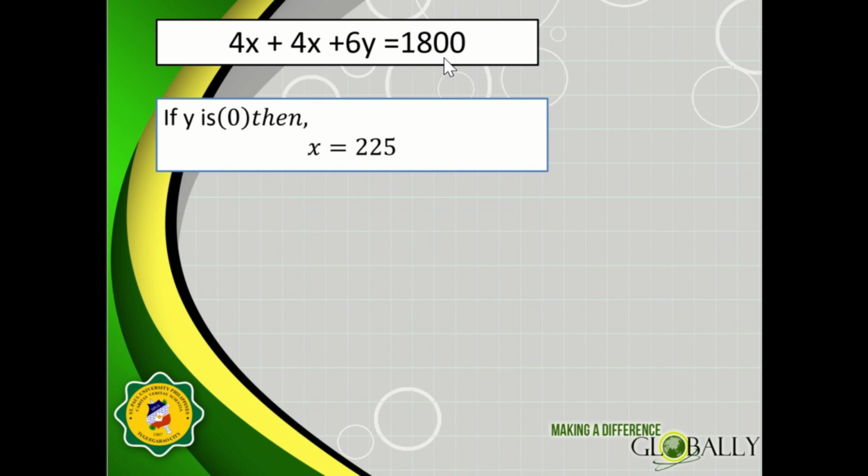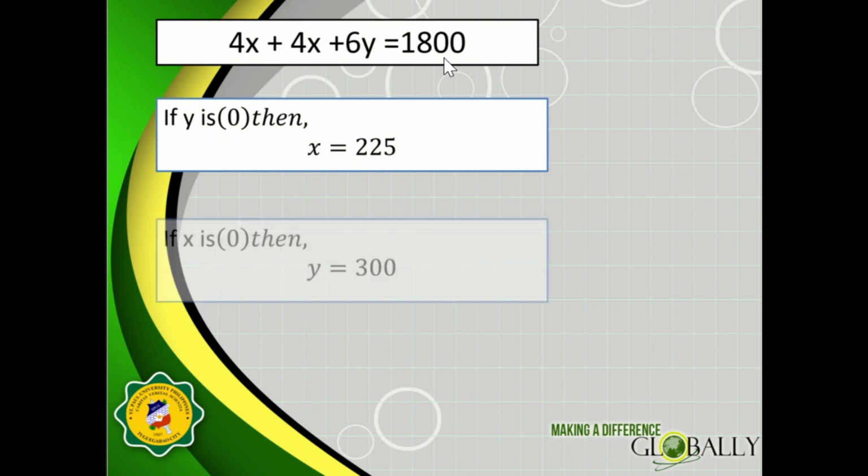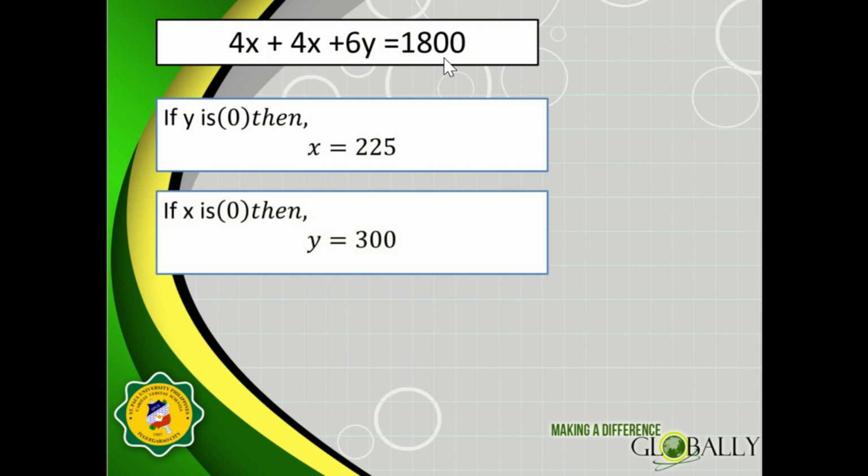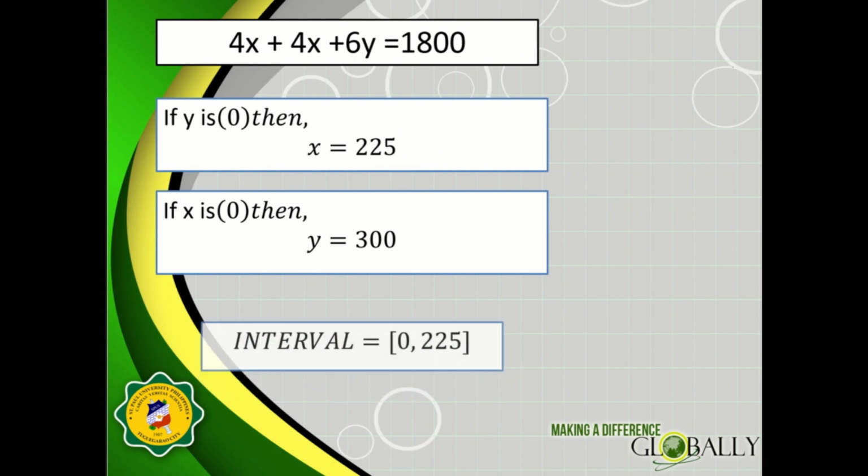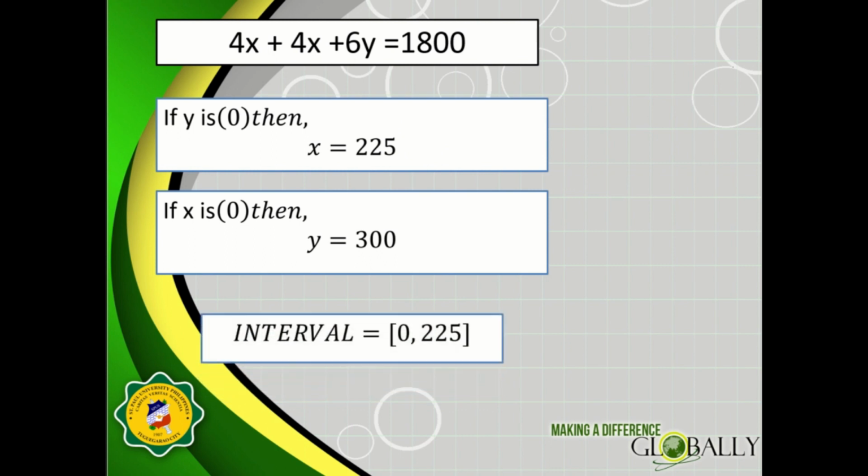So 1,800 divided by 8 is 225. And if our x is 0, then our y is 300. So the value of x that will make A an absolute maximum is in the closed interval of 0 and 225 because A is continuous on the closed interval. So therefore our interval is 0 and 225.